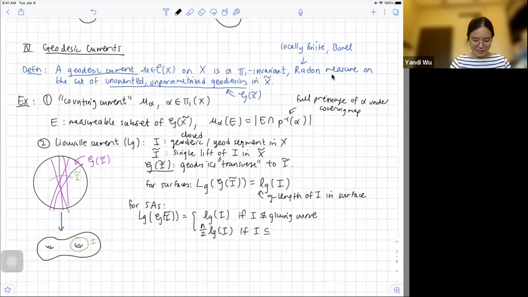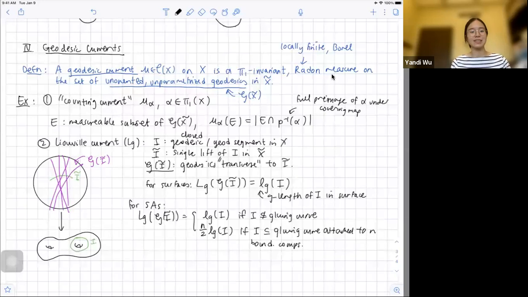So if I is contained in a gluing curve attached to n boundary components. You can do a sanity check here. A closed surface you can think of as a surface amalgam where every gluing curve is attached to exactly 2 boundary components. So n would equal 2 in that case. Then you have 2 over 2, which is just the length of your gluing geodesic.